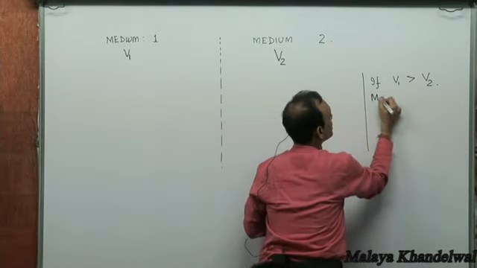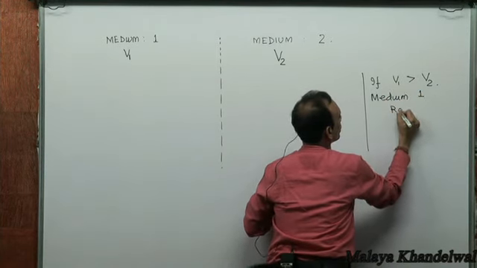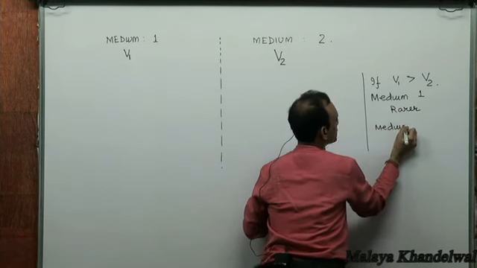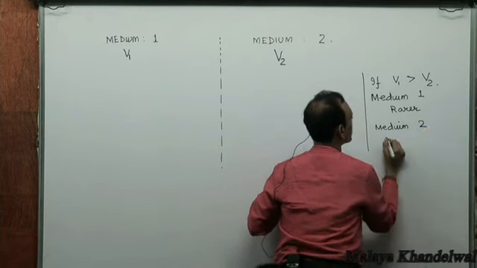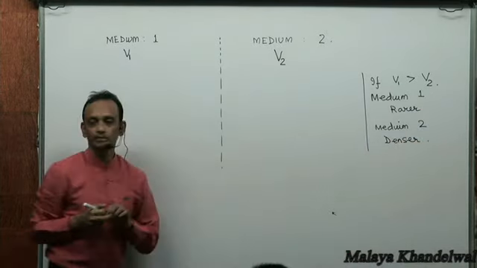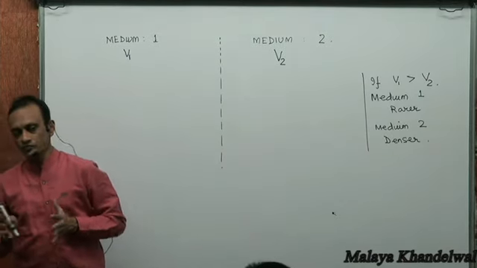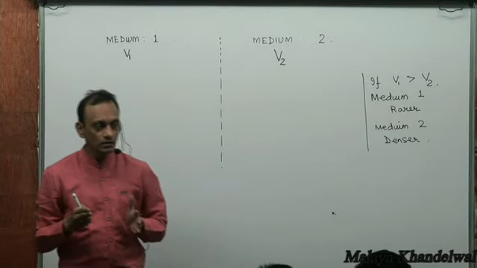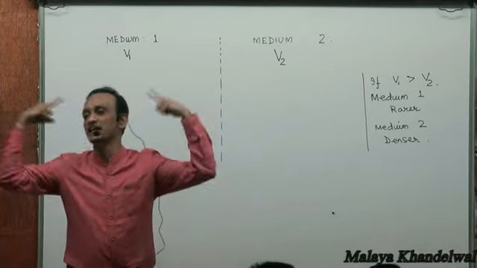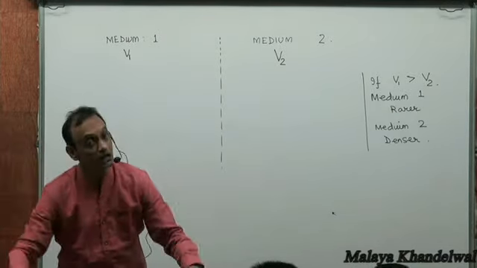Then medium 1 is said to be a rarer medium, and medium 2 is said to be a denser medium. So, if you have to compare two media based on this, the medium in which the speed of a wave is less is going to be a denser medium.